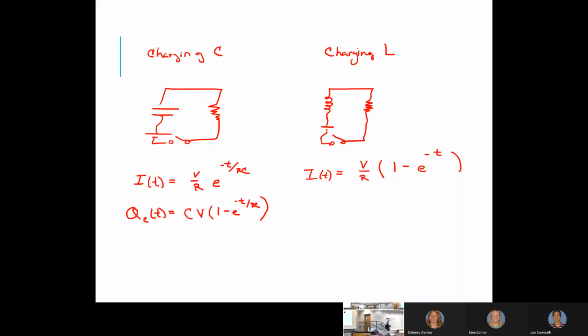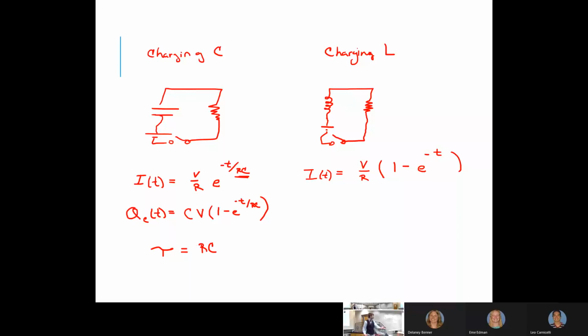Notice the exponential for the RC circuit, we have this RC, and we defined RC as being, what did we call RC again? We called that tau. What's tau represent? We gave it the letter tau, but what is it actually?